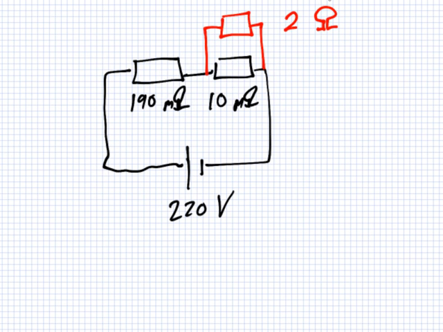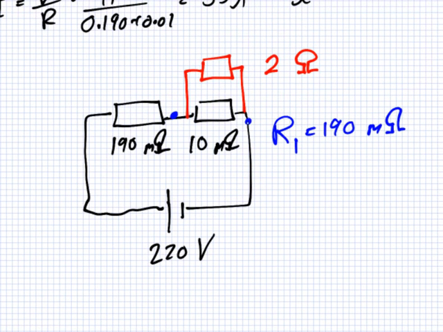resistance has changed. So now in this picture here, R1 is still 190 milliohms. But if I want the voltage now, let me draw a little voltmeter.